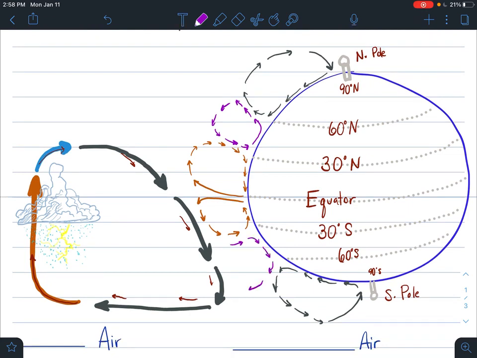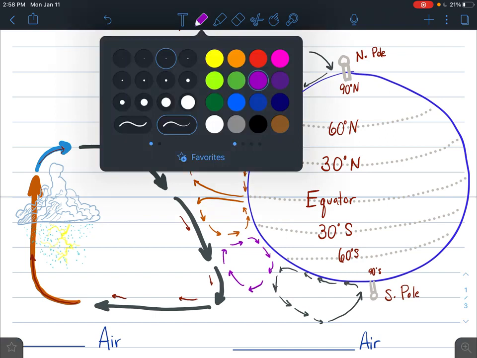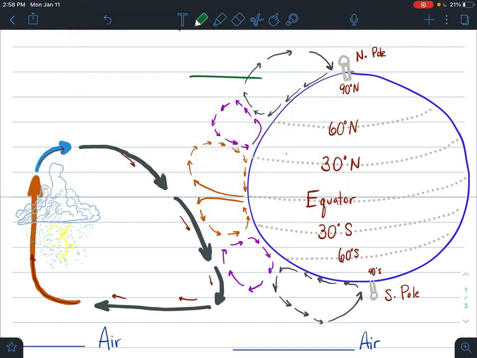Now, above the surface of our Earth, we have 3 air cells spanning about 30 degrees of latitude in the north, and also 3 in the south. The cell in the furthest north, this one, is called a polar cell because it's at the very top.